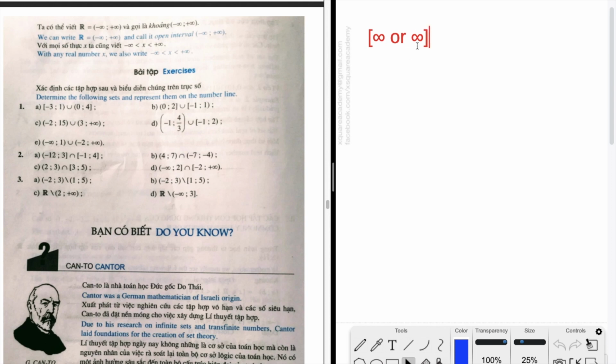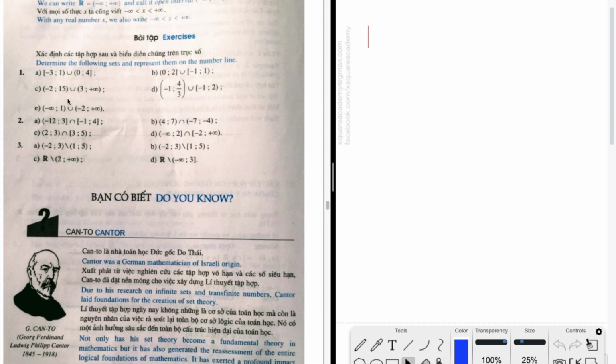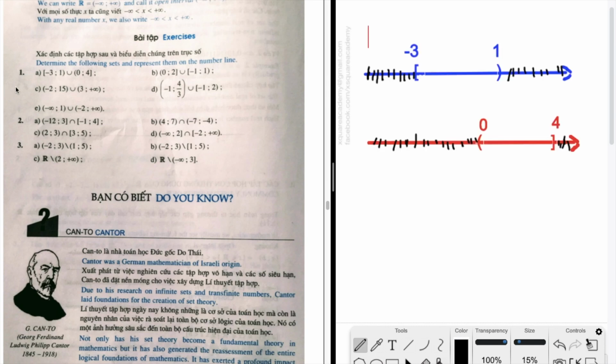Okay, it's wrong. The exercise. I will show you some of the exercises and you have to finish the rest. Determine the following sets and represent them on number lines. Problem 1.